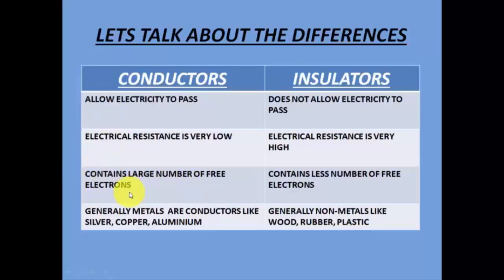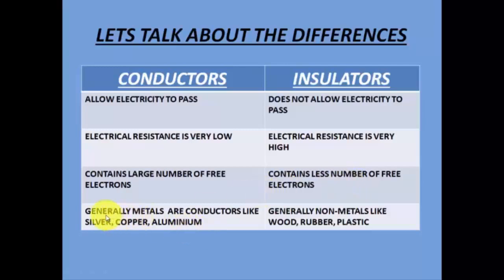Large number of electrons are flowing. Whereas in the case of the insulator, the number of free electrons is very small, and that is why an insulator is a very bad conductor, because the number of free electrons that are flowing is very, very small in order to provide that electric current.